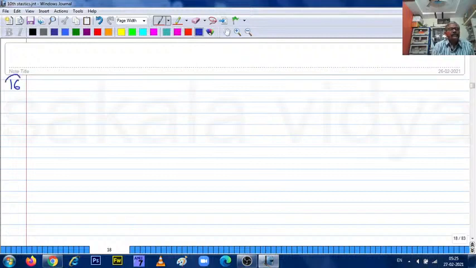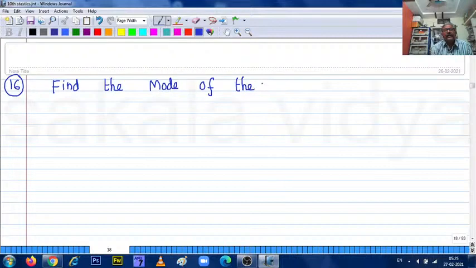Now the 16th question. Find the mode of the data: 8, 6, 7, 2, 2, 2, 3, 0, 3, 0.